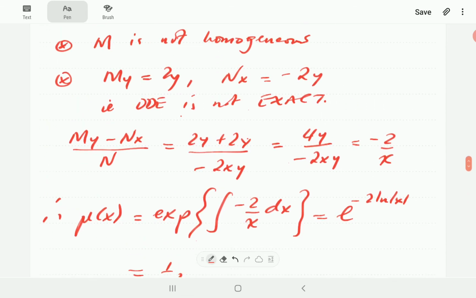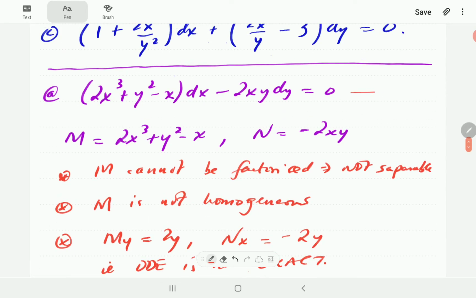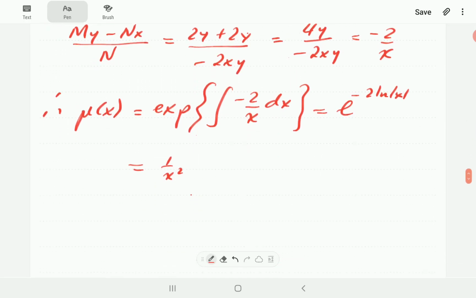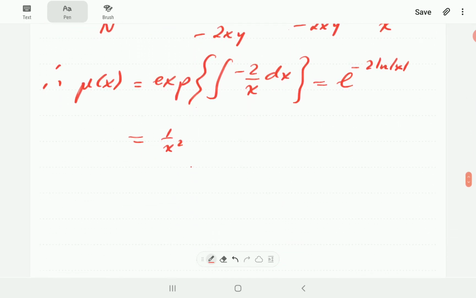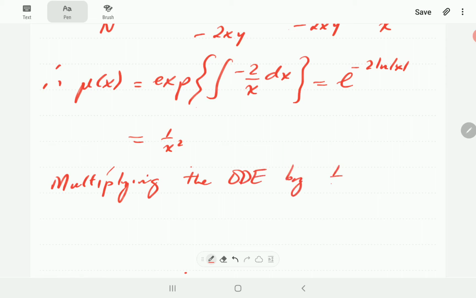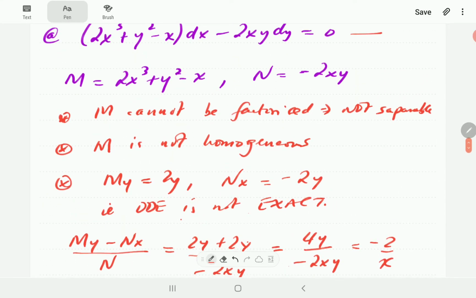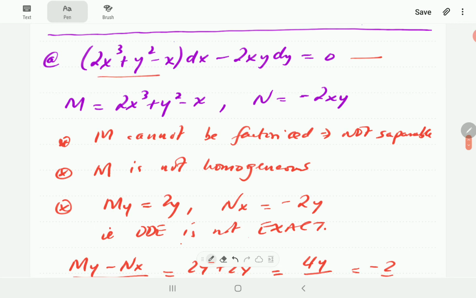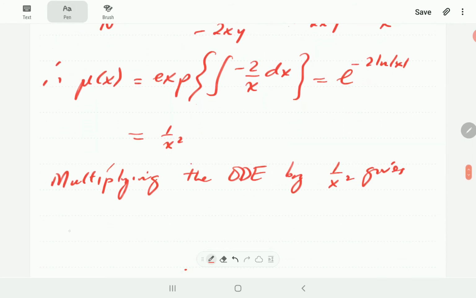Now that means if we multiply this equation here by 1 over x squared, it should become exact. So let's see how that works out. Multiplying the ODE by 1 over x squared gives, all right, so that means we're going to multiply everything by 1 over x squared.